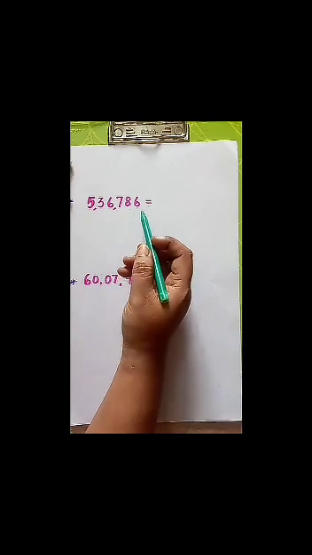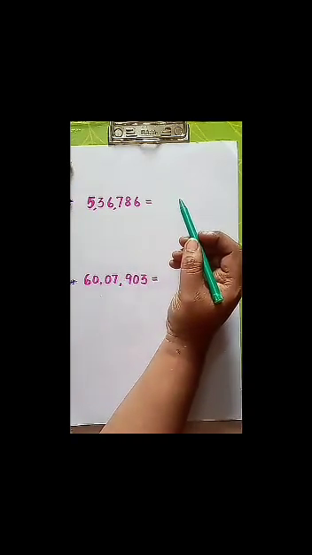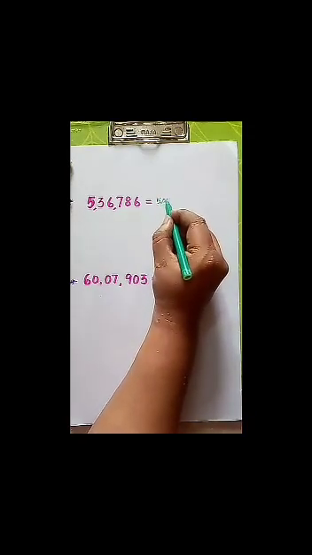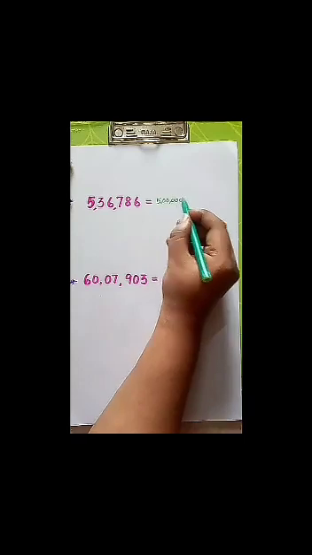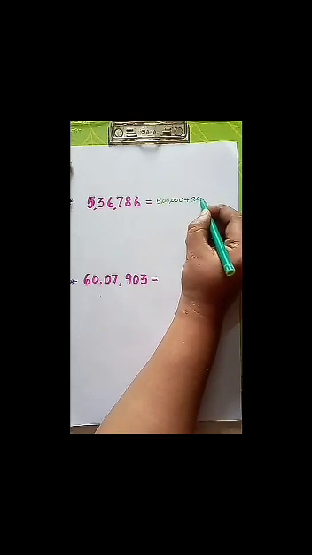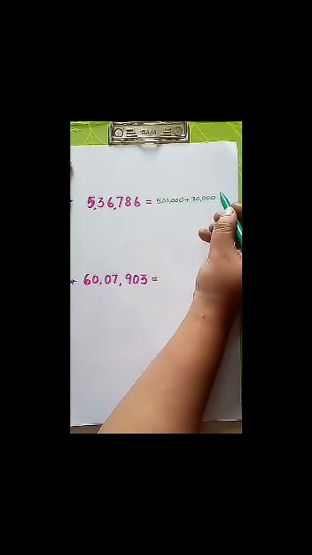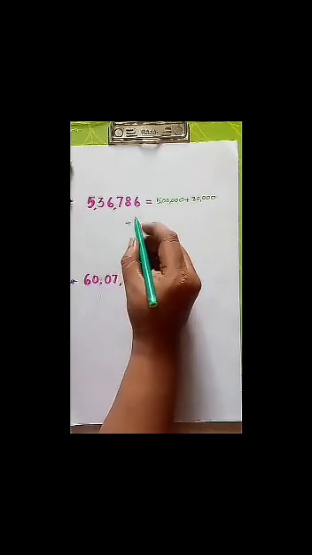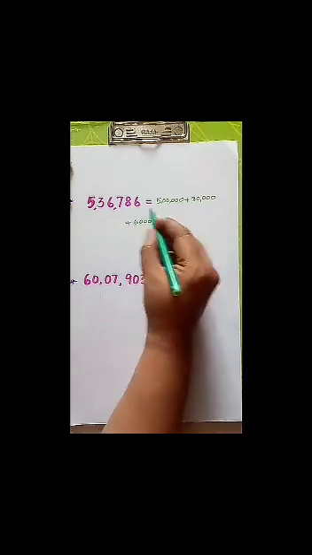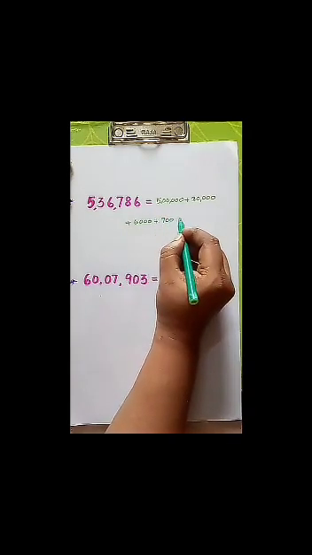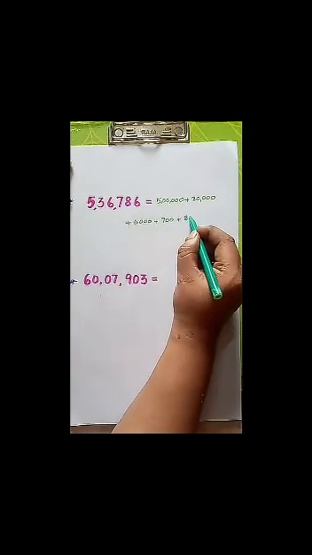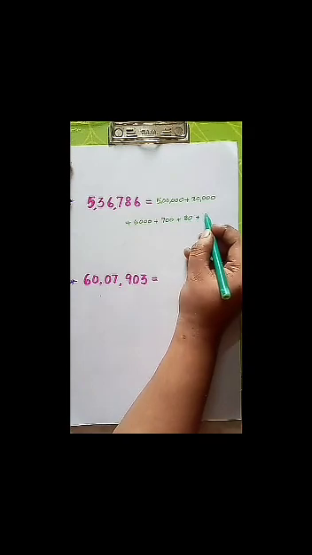We write the number in expanded form as 5 lakhs plus 30,000 plus 6,000 plus 700 plus 80 plus 6.